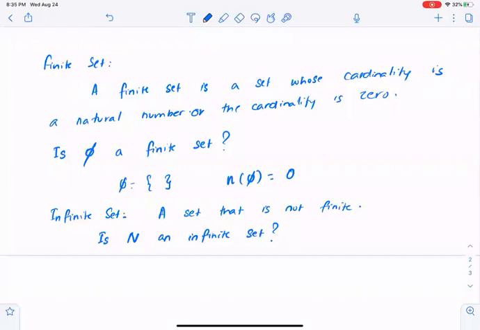So N is an infinite set because it is 1, 2, 3, 4, ... It keeps on going. Anytime we throw an ellipsis, it means it keeps on going. There's no end to it, which means you can't put a finite count to it. So it is an infinite set.